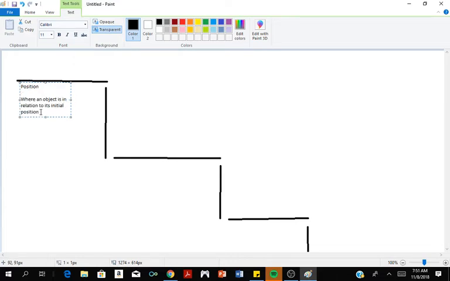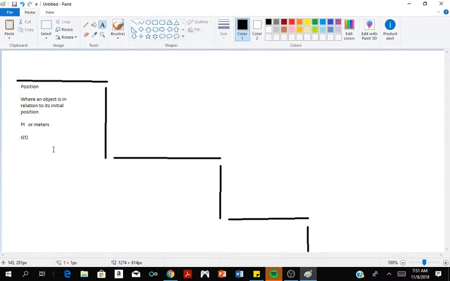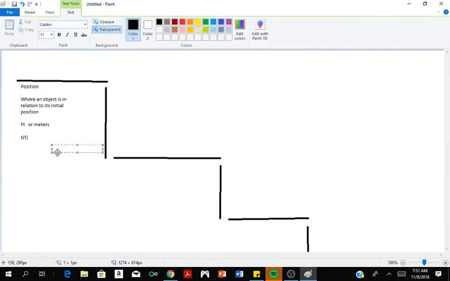The unit for position is usually either feet or meters, and it's often written as s of t. That's often how it's denoted. And instead of x, it's t now because t is time. So that's the first step.